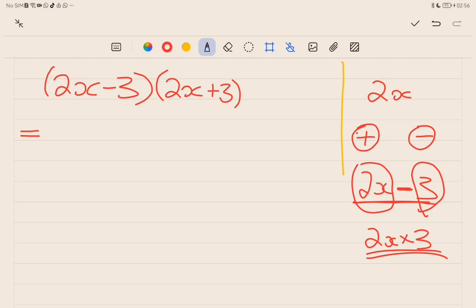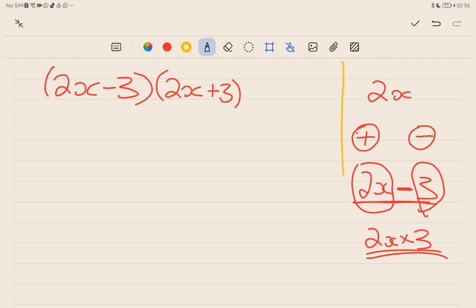And then here, the first thing that you need to understand when we are simplifying such an expression, the first thing that you're going to do, you're going to apply the distributive property. So distributive property, let me show you how to apply it. First of all, you look at the first bracket.